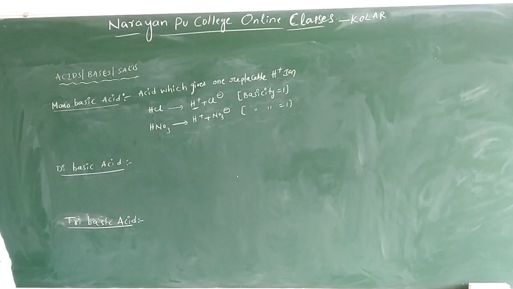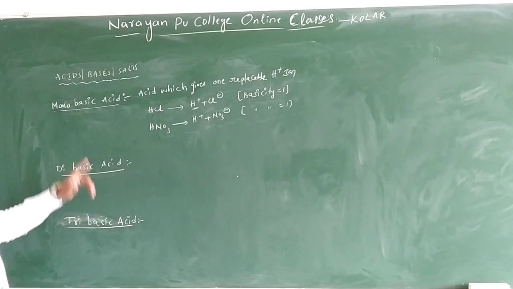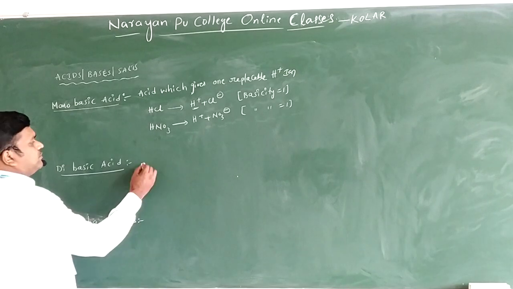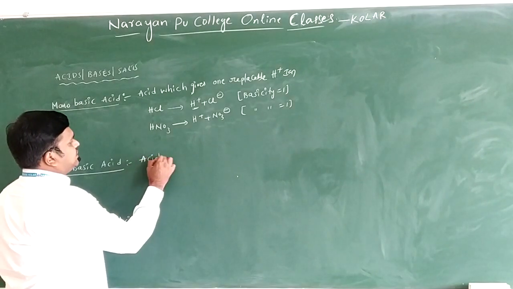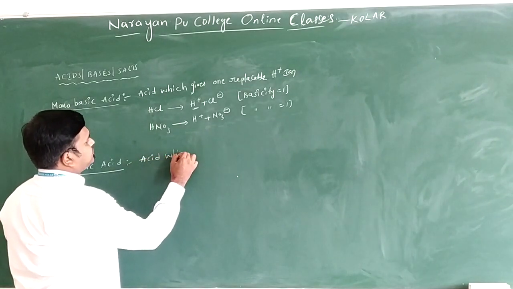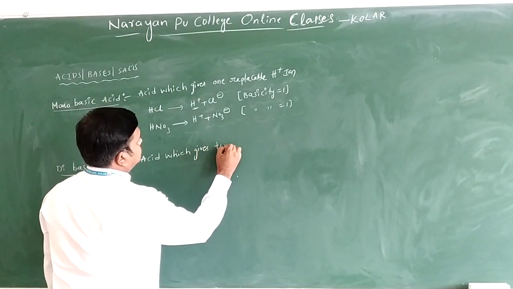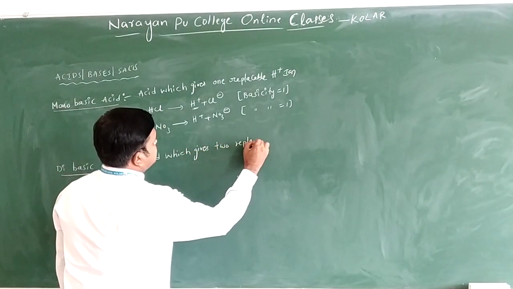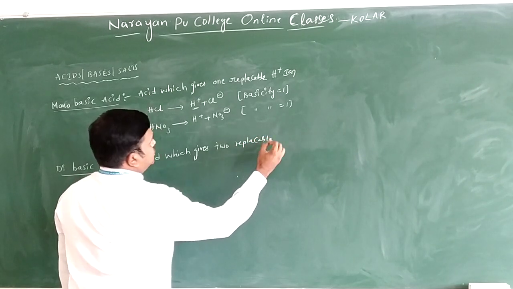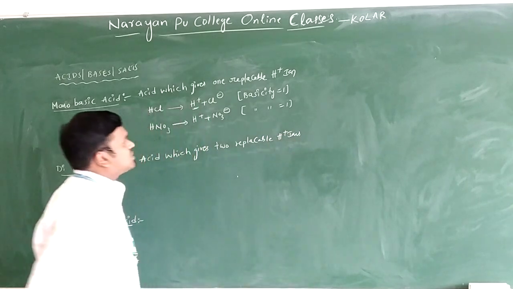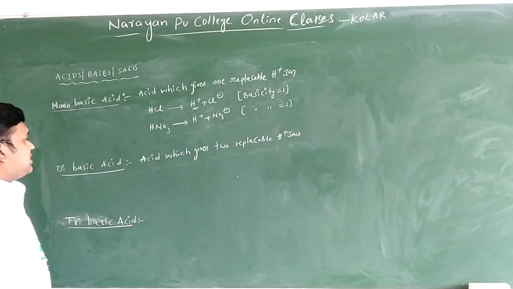Come to dibasic acid. Di, the name itself says, is 2. The acid which gives 2 replaceable H plus ions is called dibasic acid.